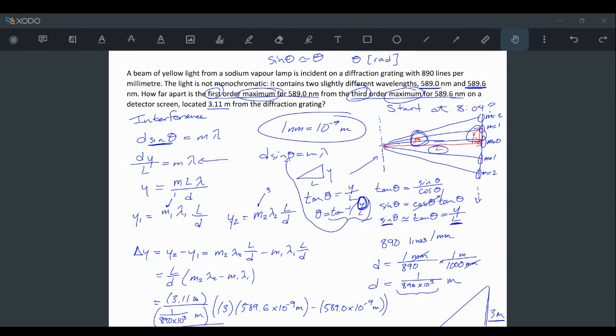You also have to make sure that your lambda and your d are all in the correct units, which is totally fine. I get my error since I can't have pi over 2. Yes, pi over 2 does not play nicely with arcsine.